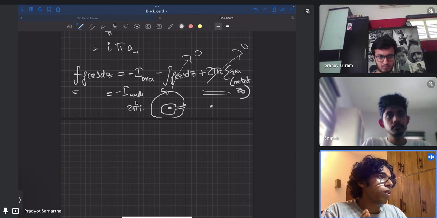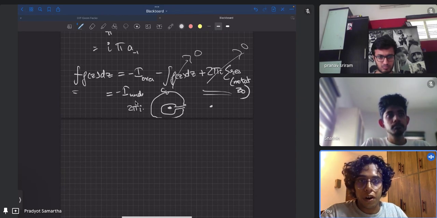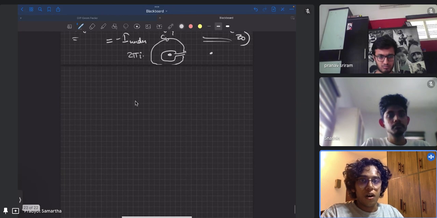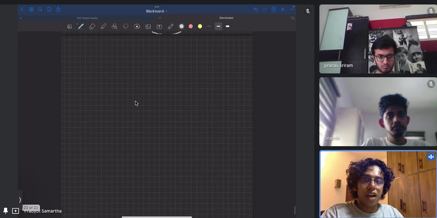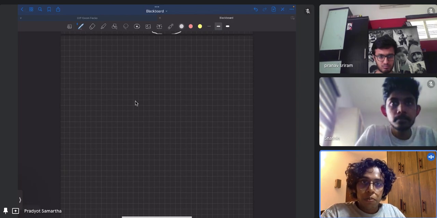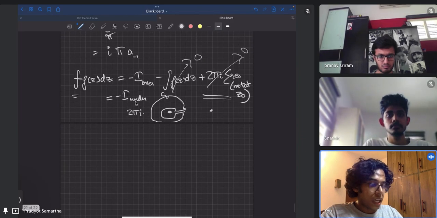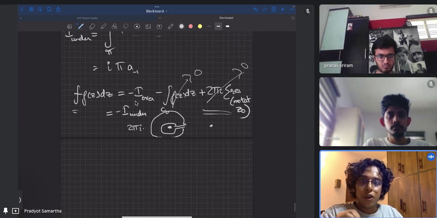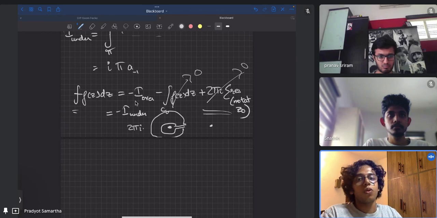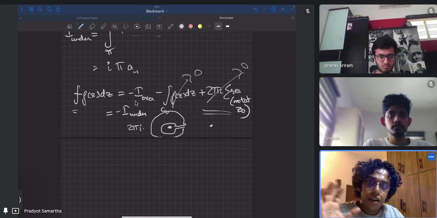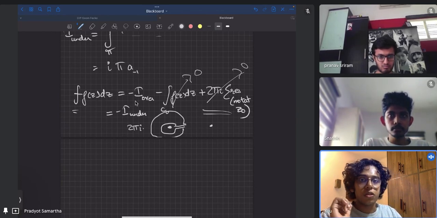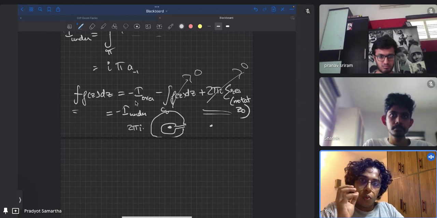We'll keep this under consideration because it doesn't reveal anything directly pertinent, but it gives you an intuition about how we take contours and how we can slice the contours out.